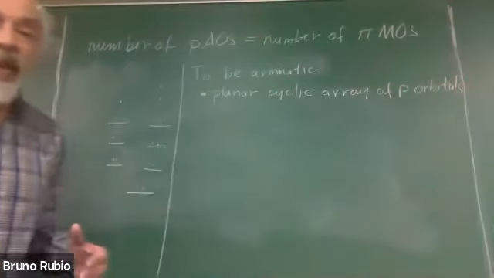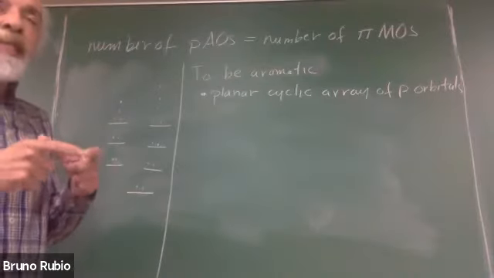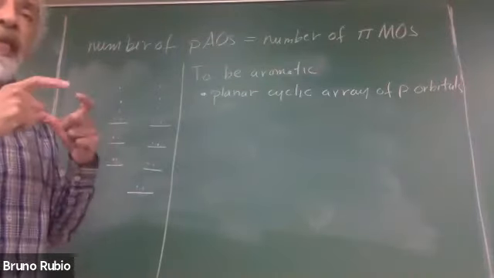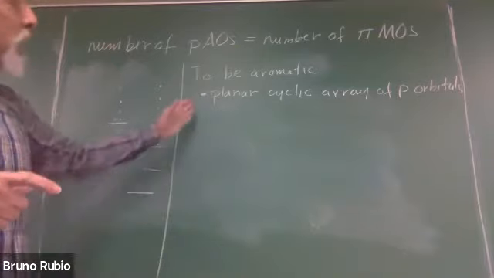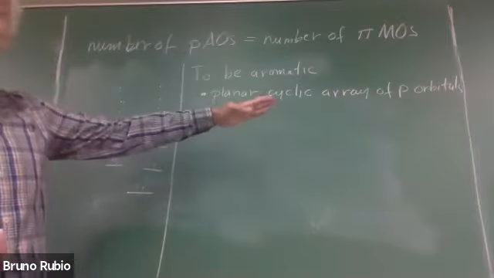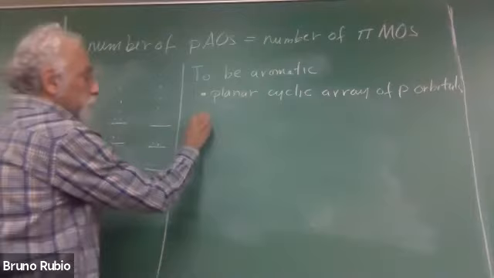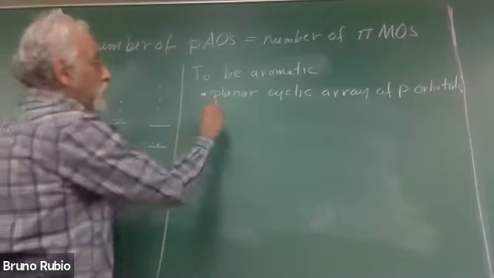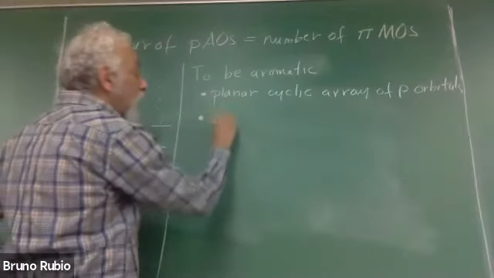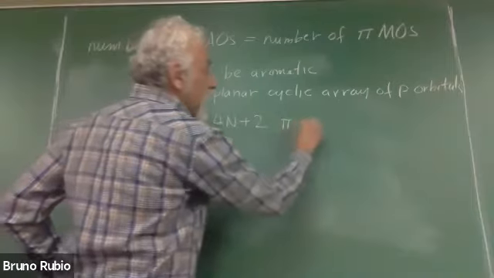That's what benzene has, is all of the carbon atoms of benzene are sp2 hybridized. The sp2 hybridization state is trigonal and planar. It has a planar cyclic array of p orbitals. And in that array, there will be 4n plus 2 pi electrons.